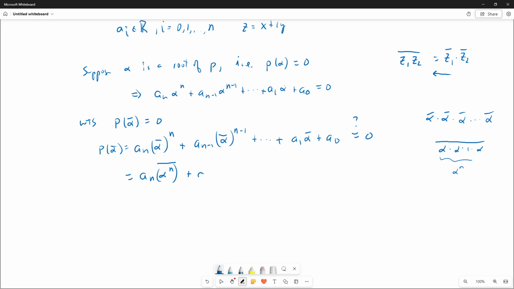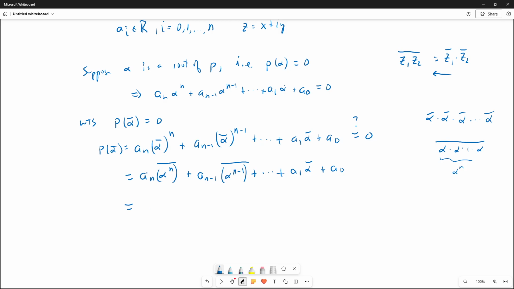So the next term would be a sub n minus 1. Then we have alpha to the n minus 1 quantity conjugate. The conjugate of the product is the product of the conjugates. And then this one we can leave alone.